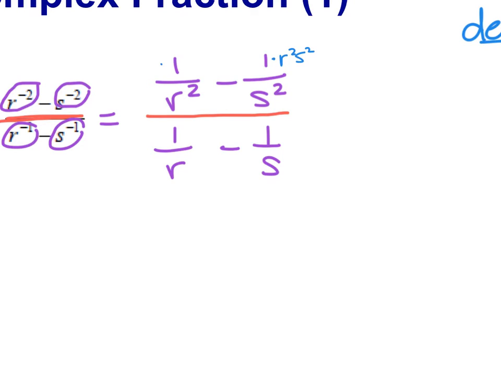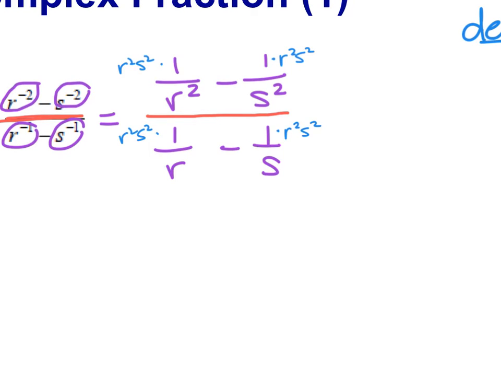I'm going to multiply this top by the r squared, s squared, this by the r squared, s squared, and this one by the r squared, s squared. We can only do this little trick if we multiply every single term within this large fraction by that denominator that we came up with.